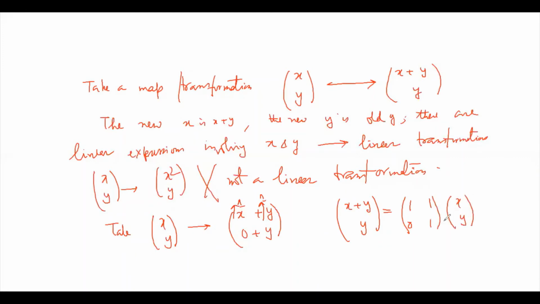So this is just a way to remember that this is the map. Or you can write it in a standard way, 1 1 0 1 xy. This 0 should be a little further to the left.